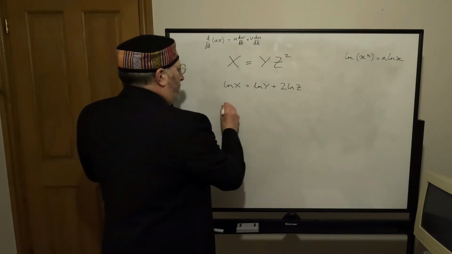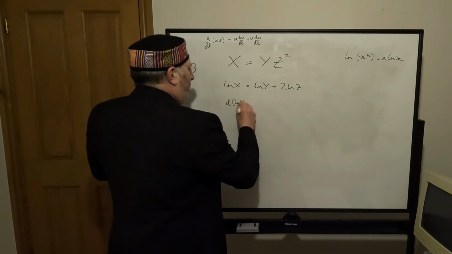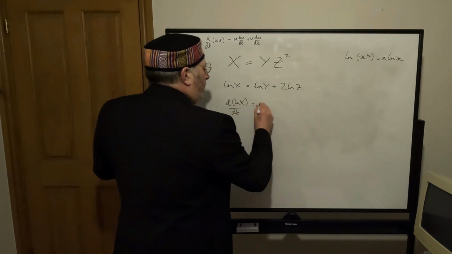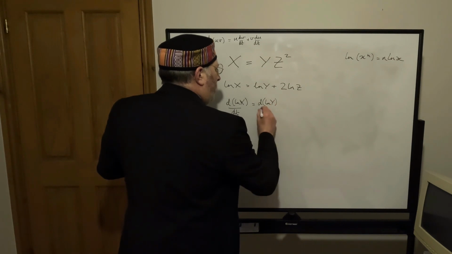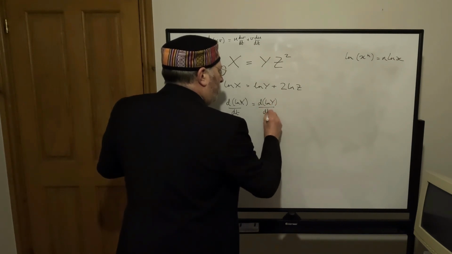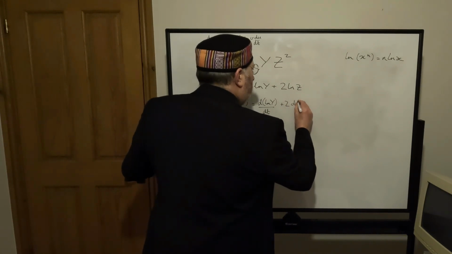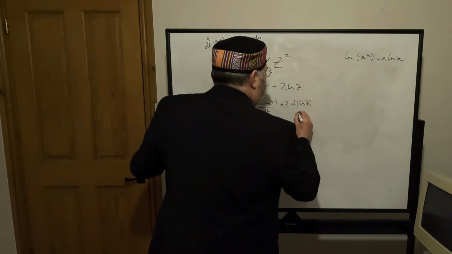And we can now differentiate. We'll get d of log x by dt equals d of log y by dt plus 2 times d of log z by dt.